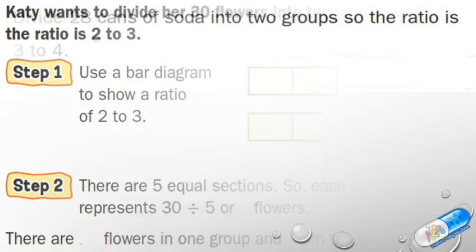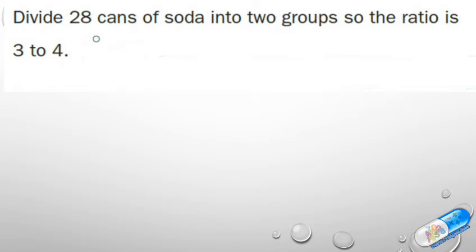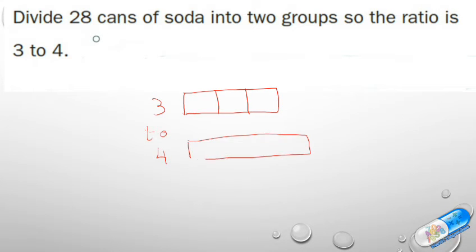The last example: divide 28 cans of soda into two groups so the ratio is 3 to 4. Okay, we will do this by the bar chart. So 3: 1, 2, 3. This is the first one, and the second one is 4, so we will do 4 of them here: 1, 2, 3, 4.